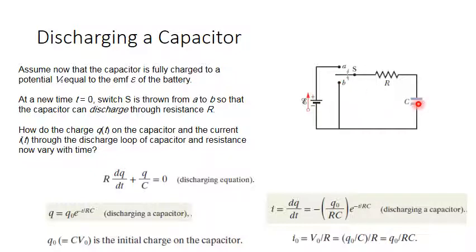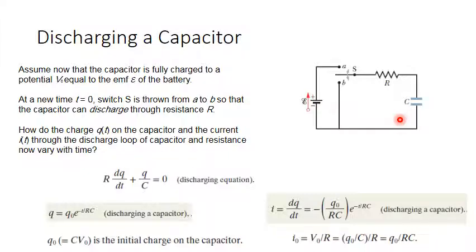Now, the potential in this loop can be said as the potential at the capacitor VC plus, or sorry, minus the current in the resistor equals 0 in this small loop. Okay?